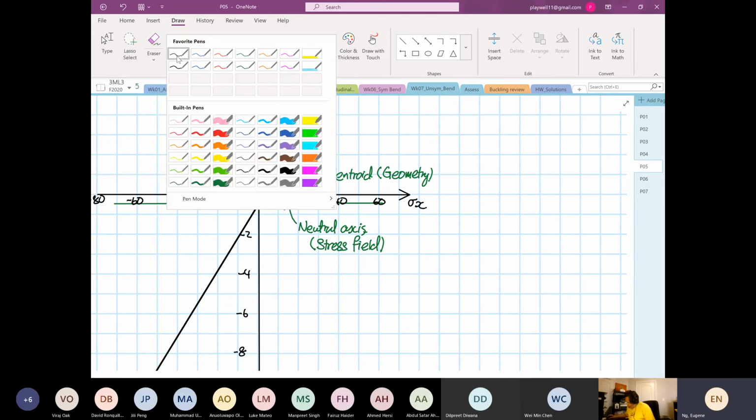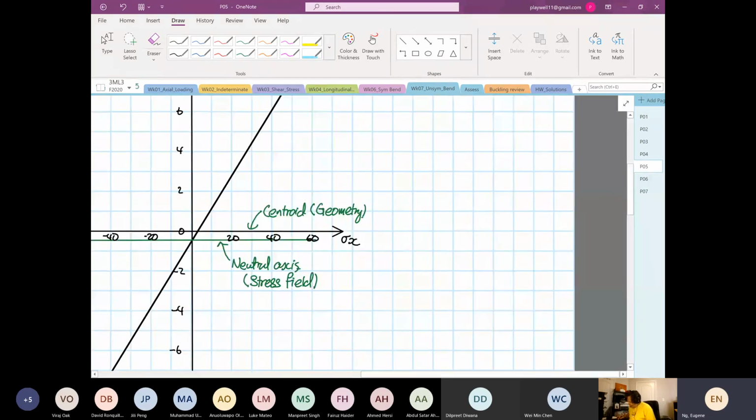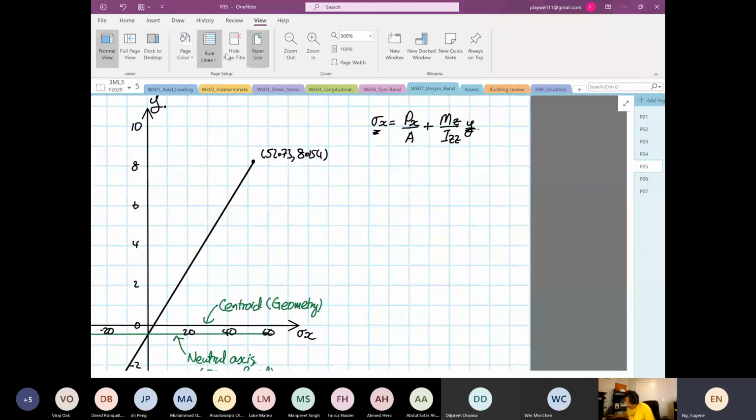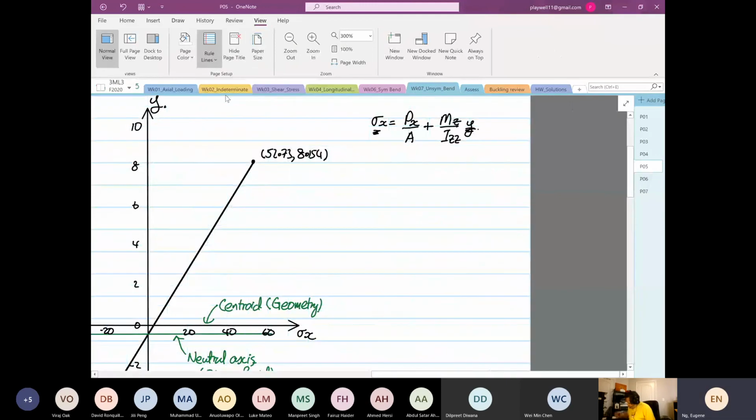Okay, we know that we're going to write up the formula. So we know that this is a linear function. This equation over here is a linear function. Okay, so for a linear function, we're going to use y is equal to mx plus c.